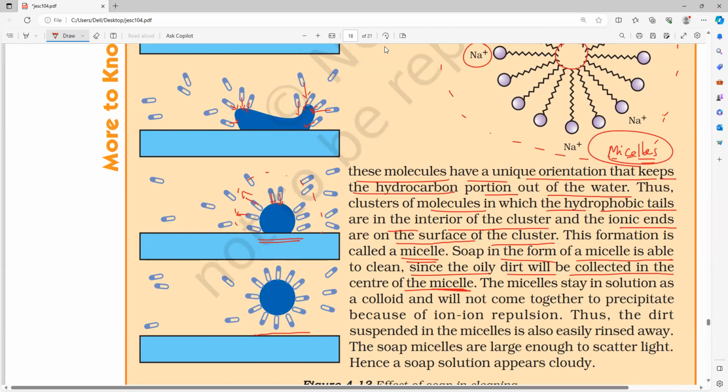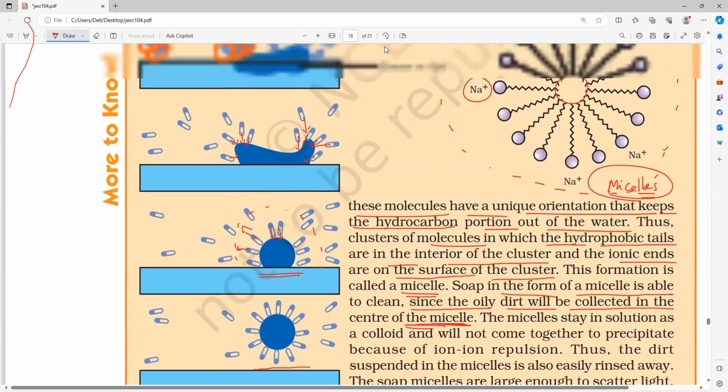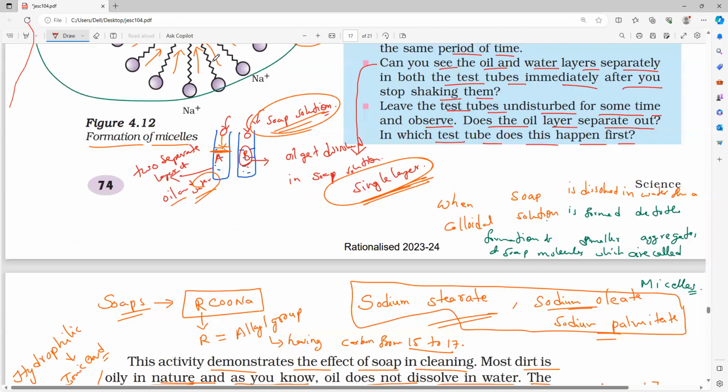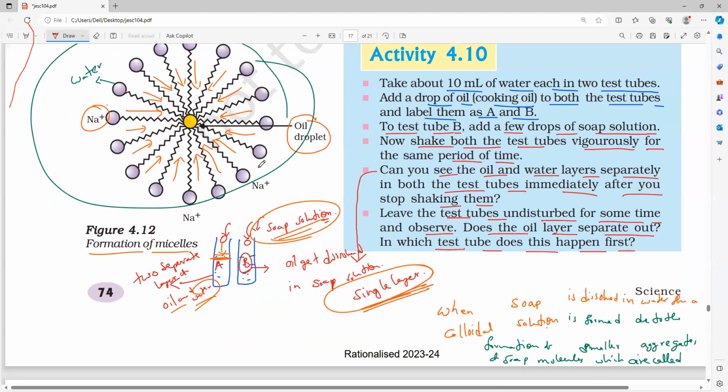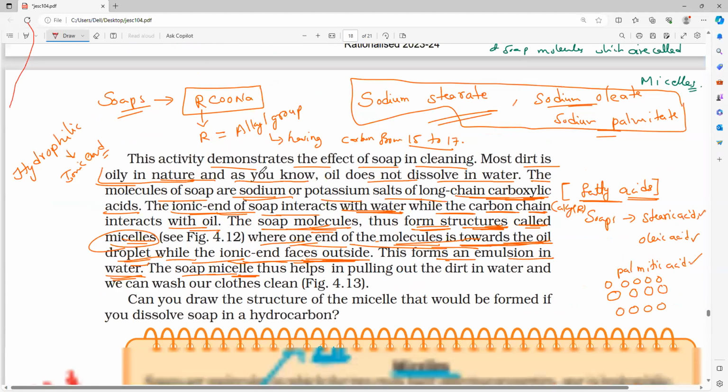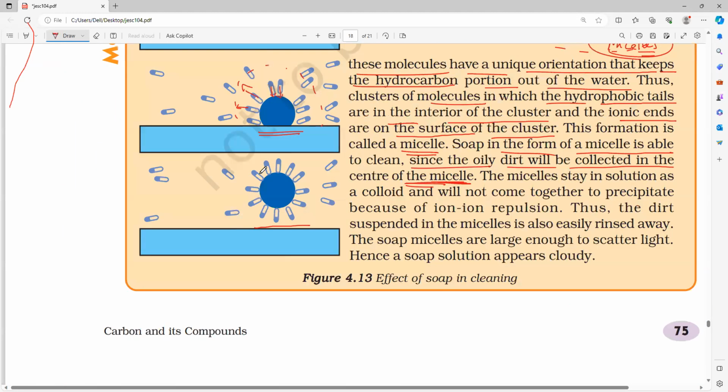So the oil dirt will be collected only where, everybody? At the center of the micelle. That is what you can notice in this picture. At the center only, the oil drop will be collected. From all directions, the tail part, the hydrophobic part, will attack this oil droplet and remove it from the surface.